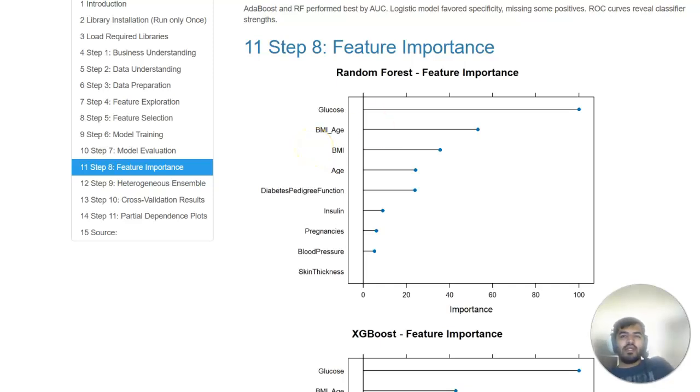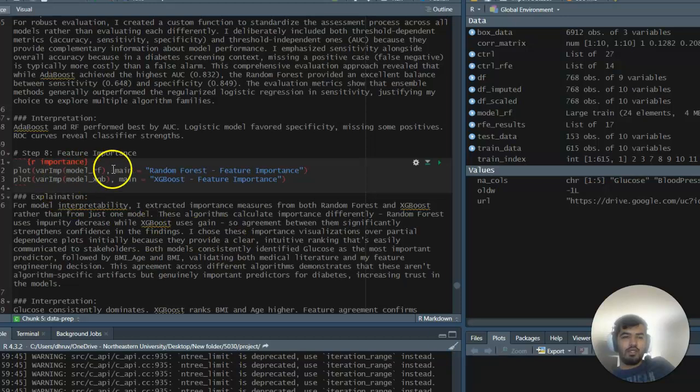To enhance the interpretability, I extracted variable importance measures from both random forest and AdaBoost. These algorithms calculate importance differently. The random forest uses impurity, while AdaBoost uses gain. The agreement between them strengthened confidence in the findings.